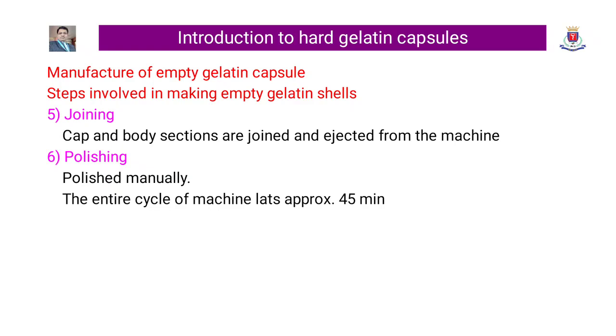Step 5 is joining. Cap and body sections are joined and ejected from the machine. And last step is the polishing. Polishing is carried out manually. This entire cycle of all 6 steps goes for 45 minutes.